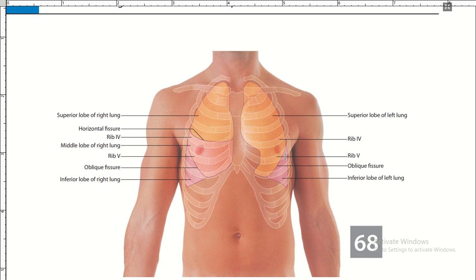So you have to understand that we have three planes in which your thoracic cavity can expand. The one that I'm drawing is your vertical plane. That is called the vertical diameter. The vertical diameter is increased by the contraction of the diaphragm. Remember, the suprapleural membrane does not contract, does not move.